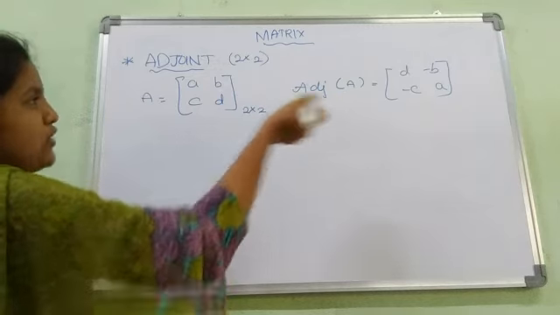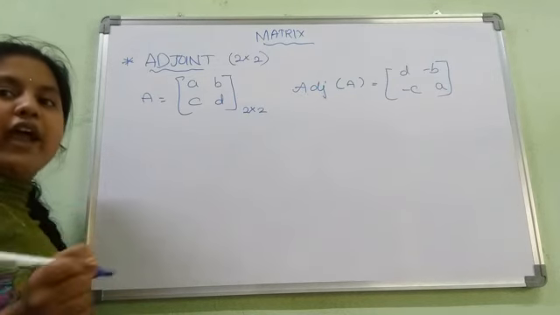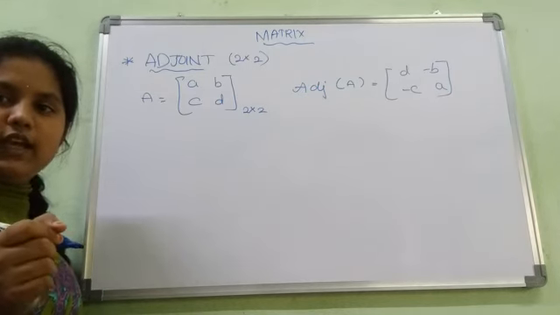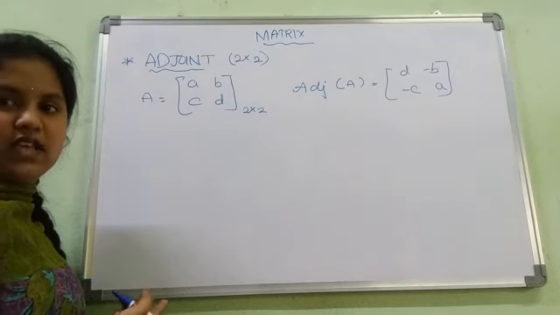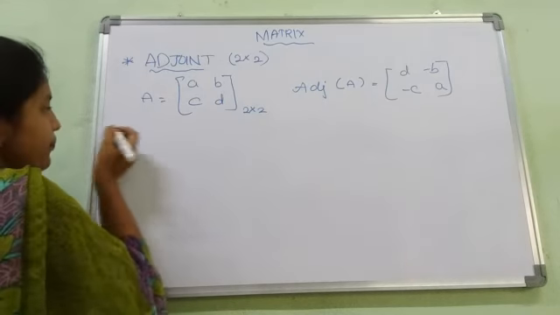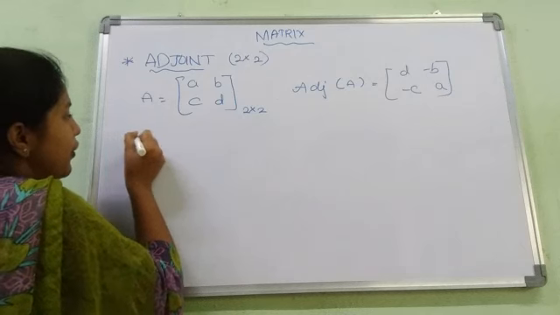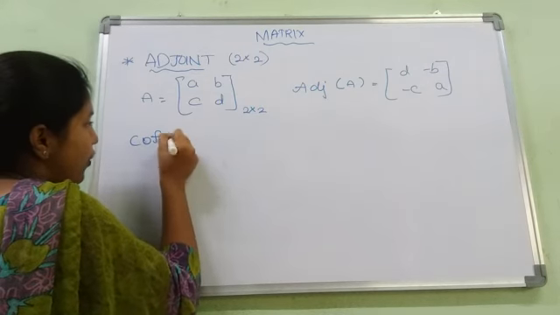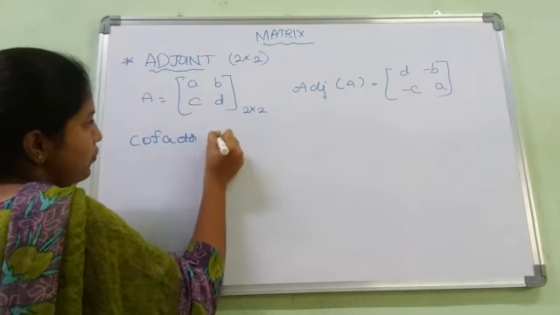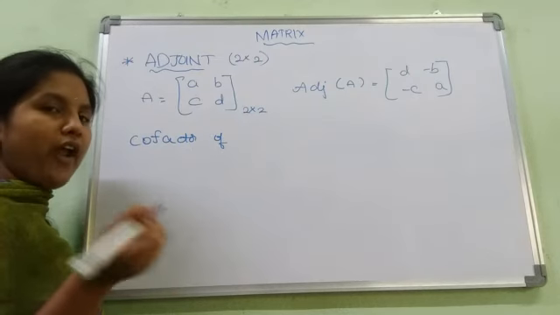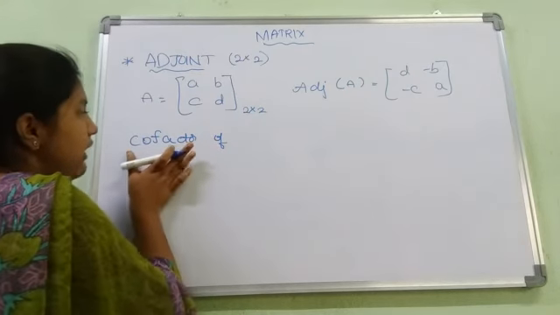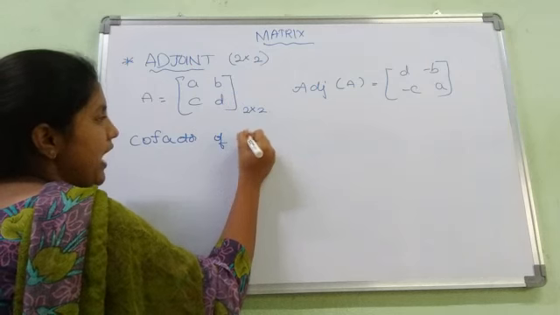First of all, to find adjoint A, we need to find cofactors. You know how to find cofactors, I have told you before. We need to find the cofactor of each element. Now I'm finding the cofactor of element a.